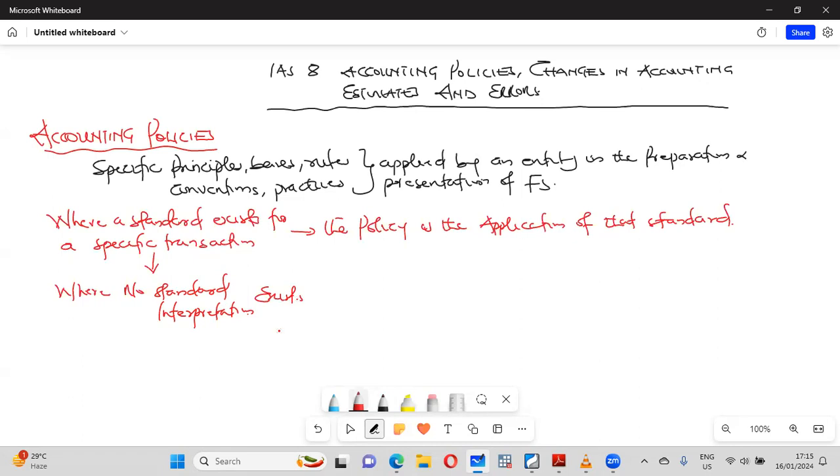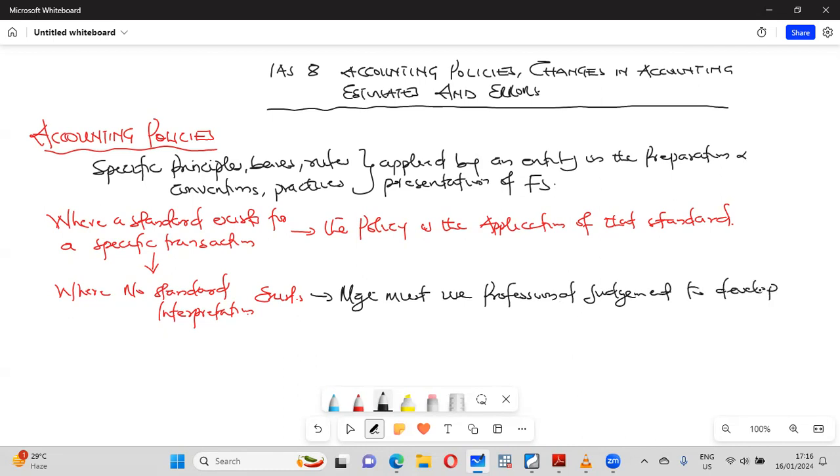In that case, management of the entity must apply what we call professional judgment, to develop and apply a policy. Okay, so that is what will happen. So the onus is on management. So management must use professional judgment. This is an audit term, right? Yeah. So you use professional judgment to develop a policy.